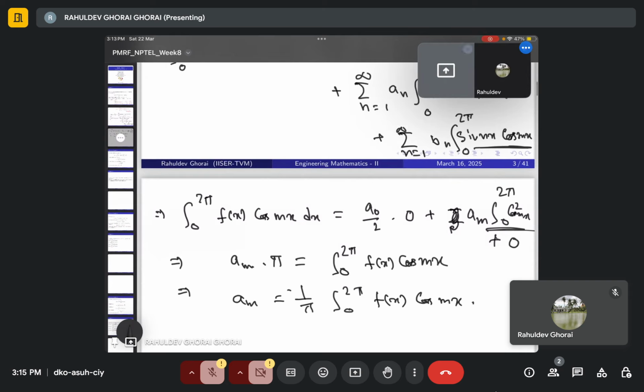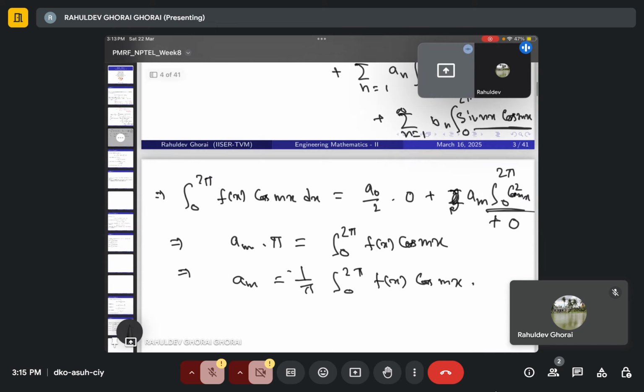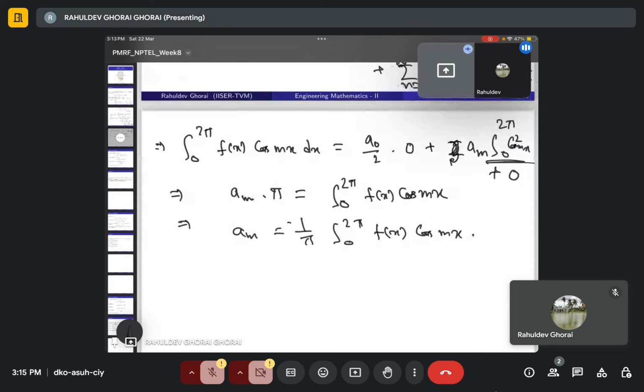See, you can easily derive. So no need to remember am like this. If you remember the orthogonality of cos and sine, you can easily derive it. Similarly, bm and a naught, you can derive easily. So a naught will be mainly the integral from 0 to 2 pi of just f(x), so that is the average of the function.